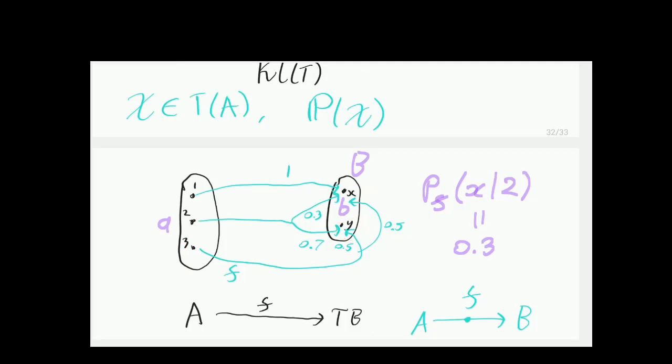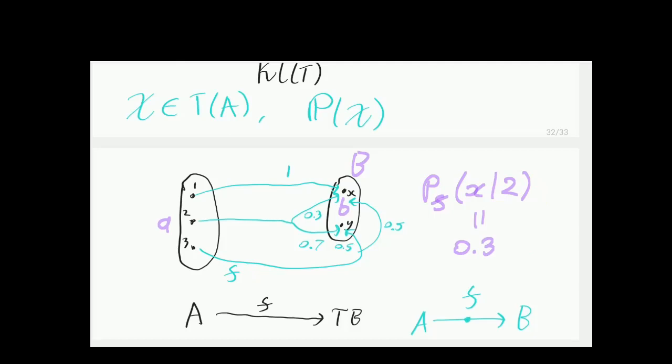And so we could represent what's going on here with a kind of matrix. You can think that each of the elements of the input is getting sent to a vector of probabilities over the outputs that add up to 1. And so we can clip together these three vectors that we get for the different inputs to represent this stochastic map F by a matrix. We can also use a notation that looks like the notation of conditional probability.